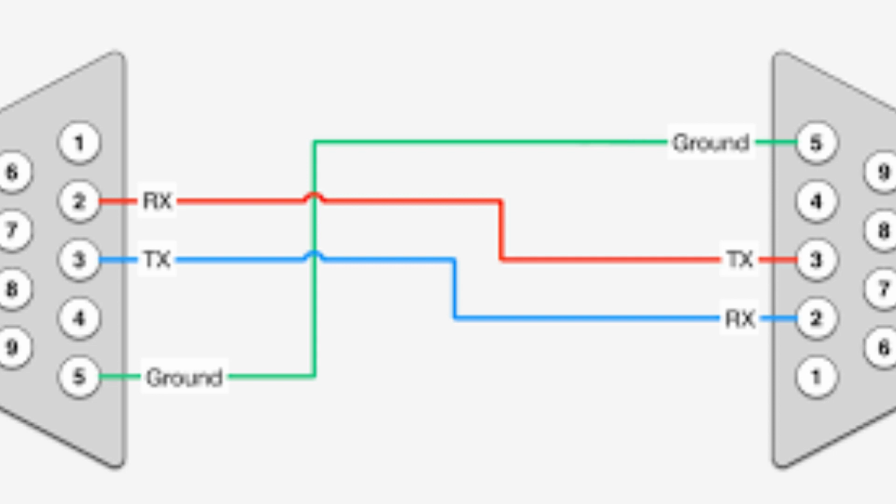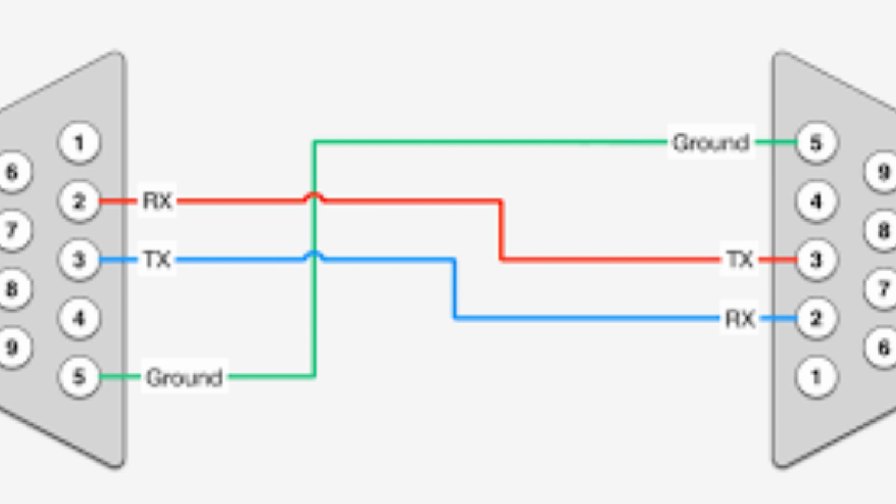RS-232 to Ethernet converters are used to connect RS-232 devices to Ethernet networks. These converters typically use a serial interface on one end and an Ethernet connector on the other.